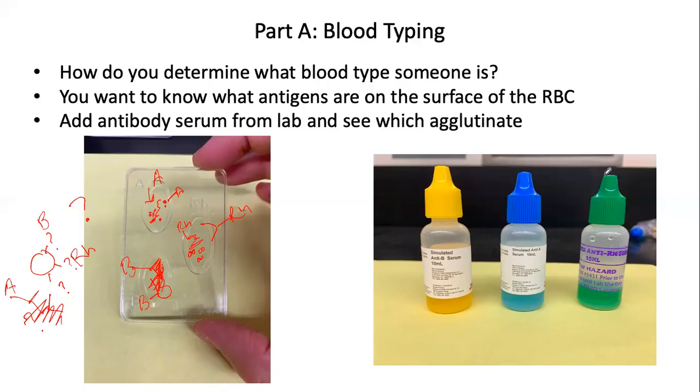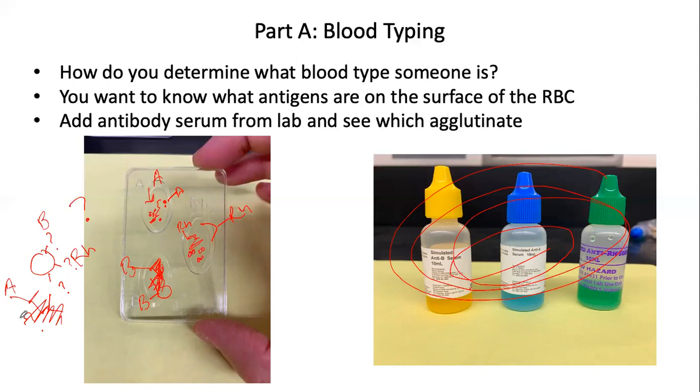So these antibodies are not what's in a person's plasma. These antibodies are strictly for helping us figure out what antigens we have on the surface of our red blood cells. And then from that, we can backtrack to figure out what antibodies we have in our plasma.